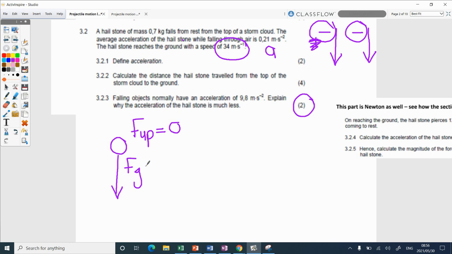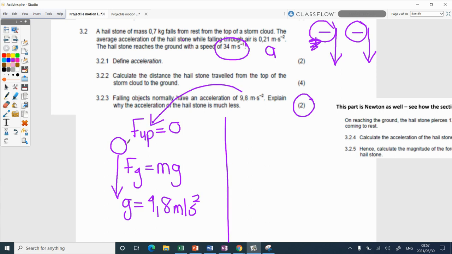Then the acceleration, remember Fg equals ma, which is then mg, and then g is going to be 9.8 meters per second squared. So this is for the 9.8. But what about this hailstone?